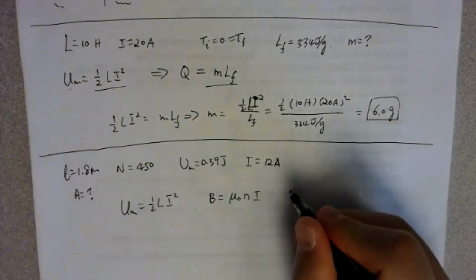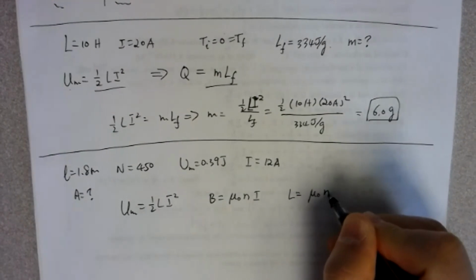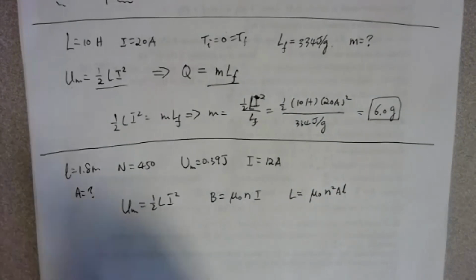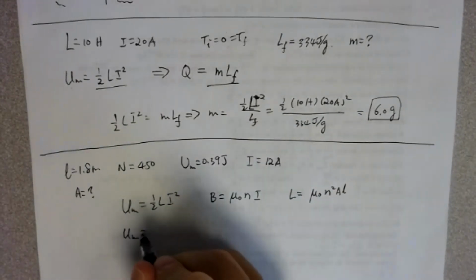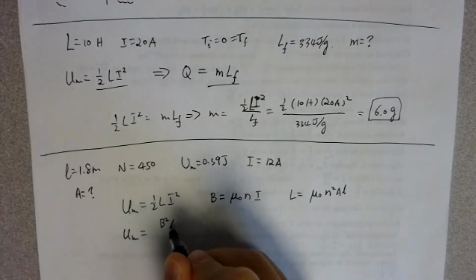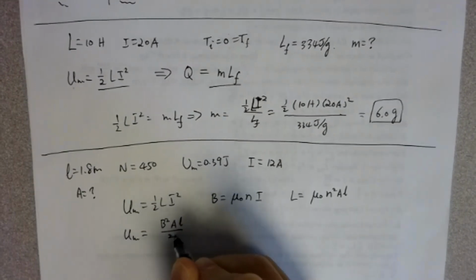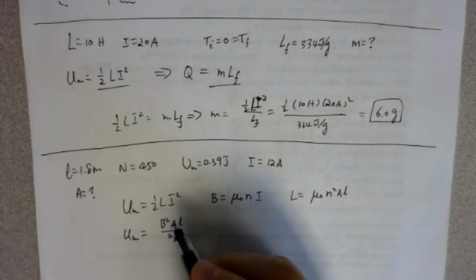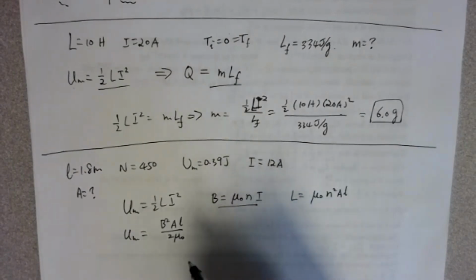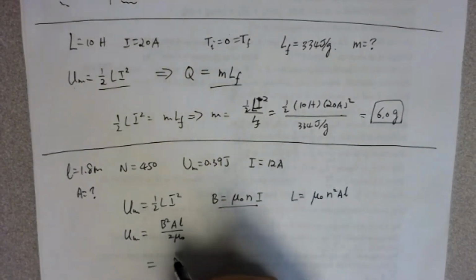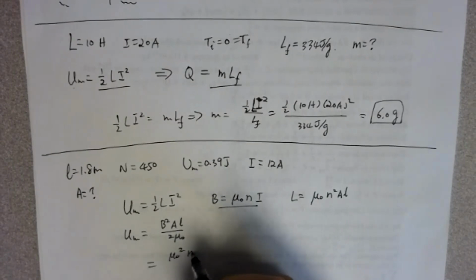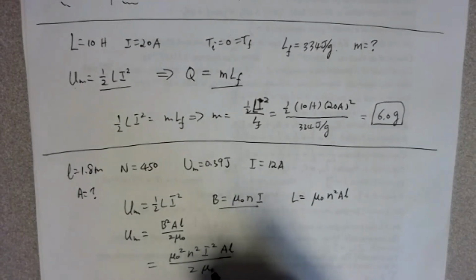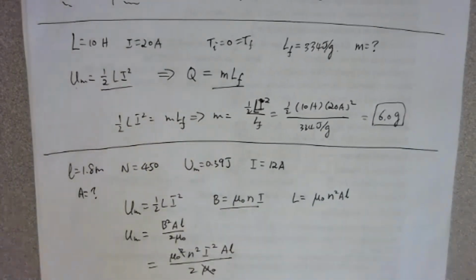Given that L is equal to mu naught n squared A L, or if you had the equation already derived in the previous slides, the energy is equal to B squared A L over 2 mu naught. Then you're looking for this A. B squared is mu naught squared n squared i squared over 2 mu naught, where mu naught and the square will cancel.